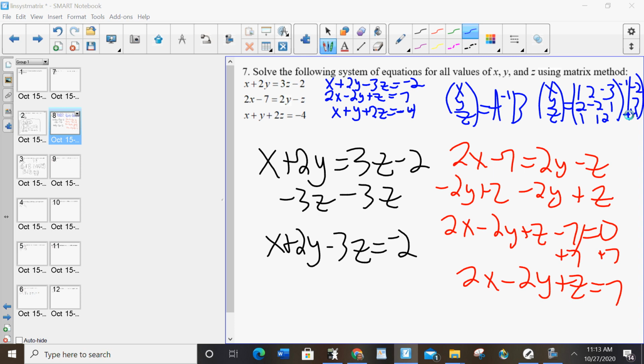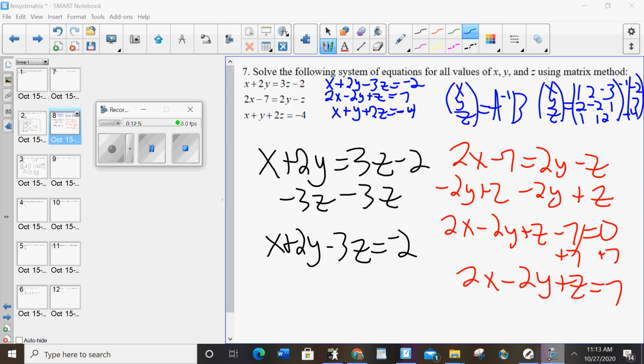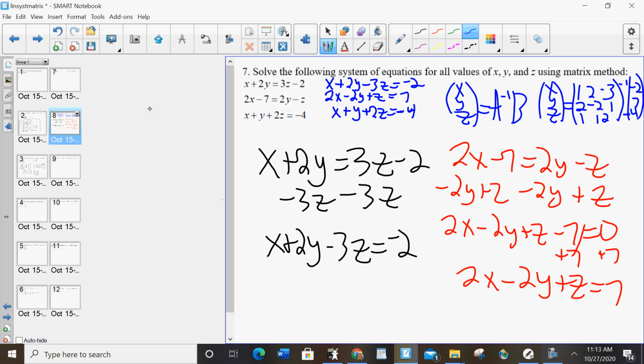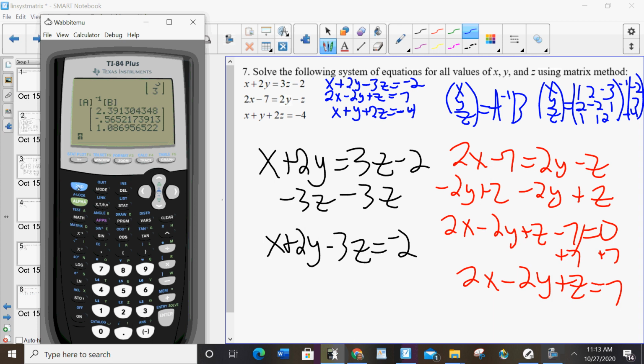So I'm just going to go back now to second matrix edit. I'm editing B since that's where my mistake was. And it was negative 2, 7, negative 4. Second quit.